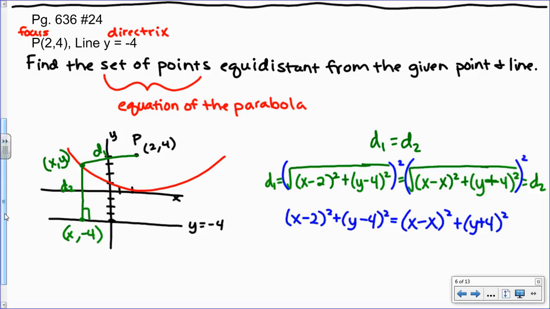What is x minus x? 0, right? And 0 squared is just 0. So this can cancel. It's just 0. That goes away.